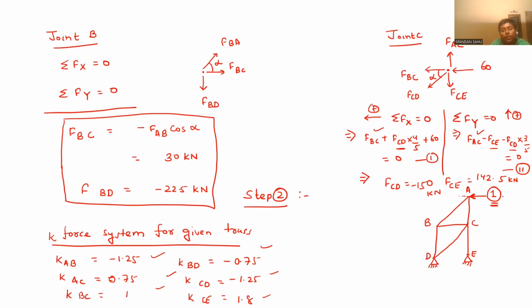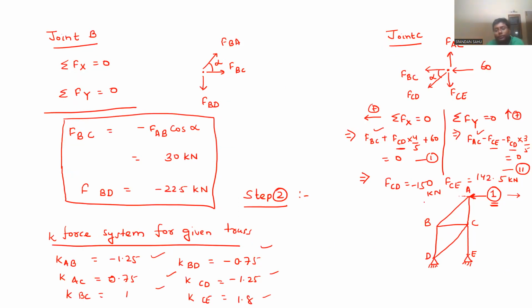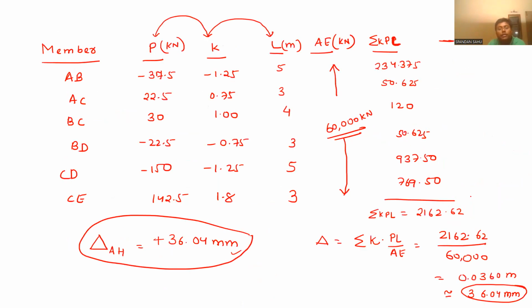If we would have taken one to be in rightward fashion, it would have come negative. That would have signified that the load in which direction it is acting, the displacement is occurring in the other direction or in the reverse direction. That is the significance of plus and minus in displacement. So for this case, it is plus. That means our assumption for this unit load acting leftward is correct.